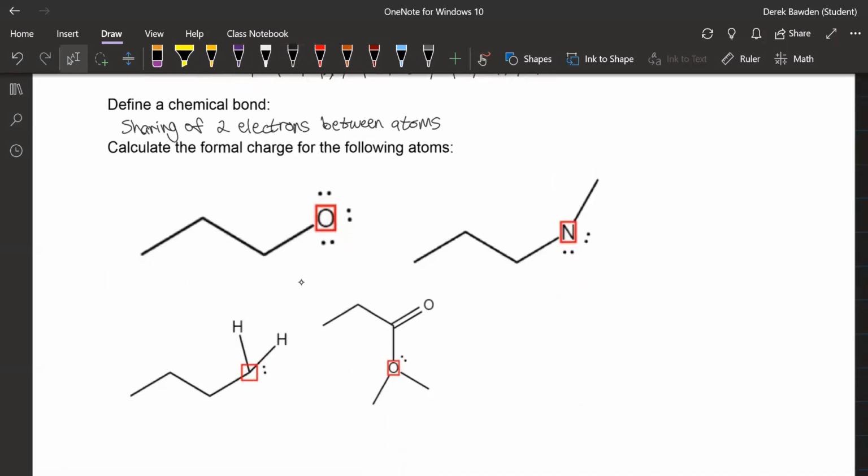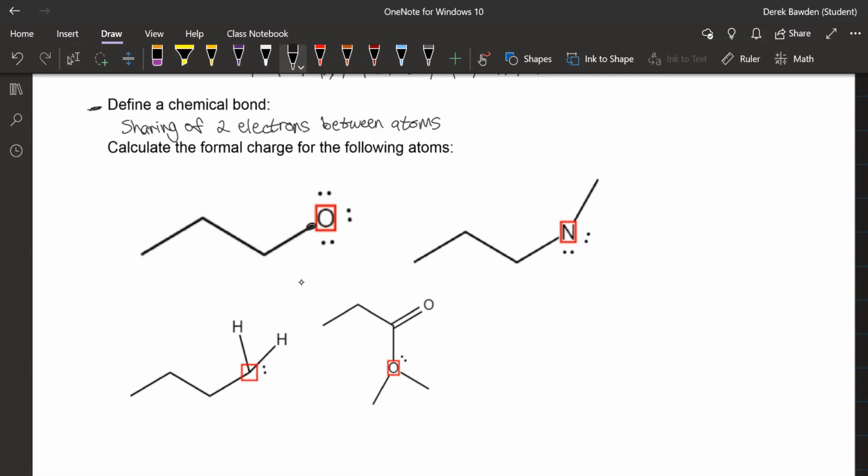Okay. All right, we need to calculate the formal charge for the following atoms. How many electrons does oxygen want to have? Does anybody know? 6, right? Okay, and when we're talking about formal charges, bonds only count as 1 electron. Even though there's 2 electrons there, they're being shared like we talked about in the definition of a chemical bond.